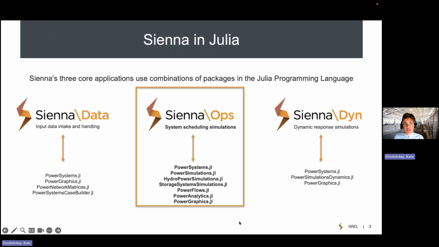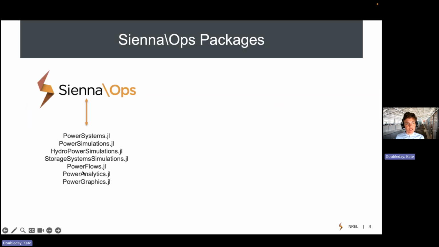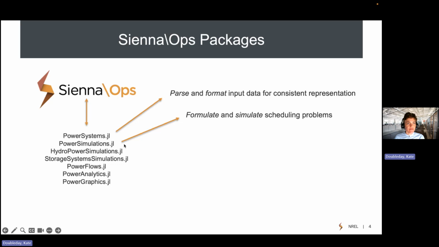So each of these three applications is enabled using a combination of packages written in the Julia programming language. Sienna Ops includes 7 packages currently, but these applications are always under development. So these 7 packages include some overlap with the other applications. PowerSystems, which we introduced first in the Sienna Data video, is used to parse and format input data. PowerSimulations is the foundational package within Sienna Ops, and it's used to formulate and simulate scheduling problems.